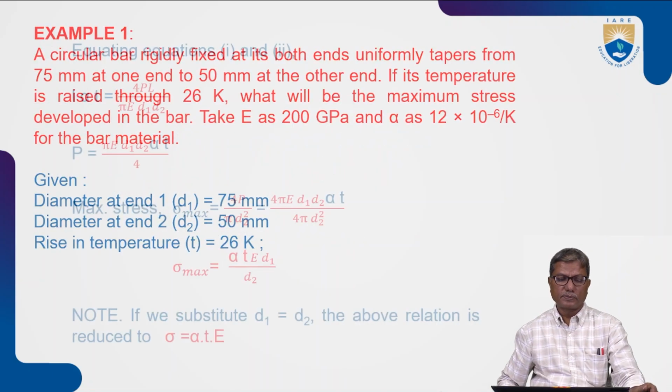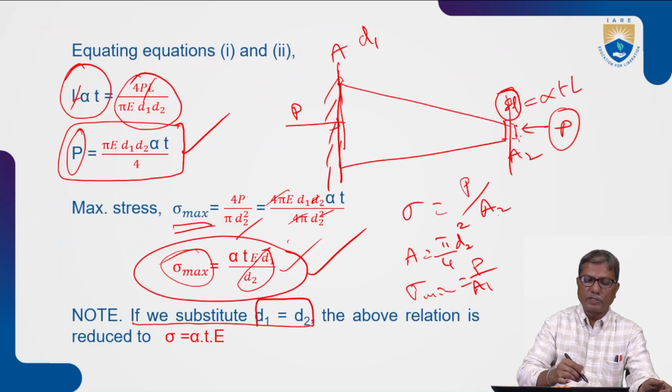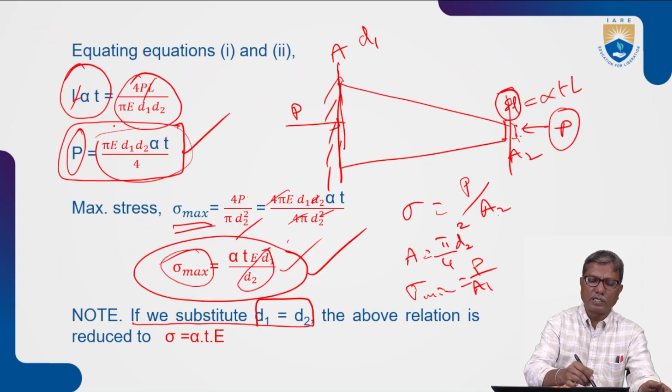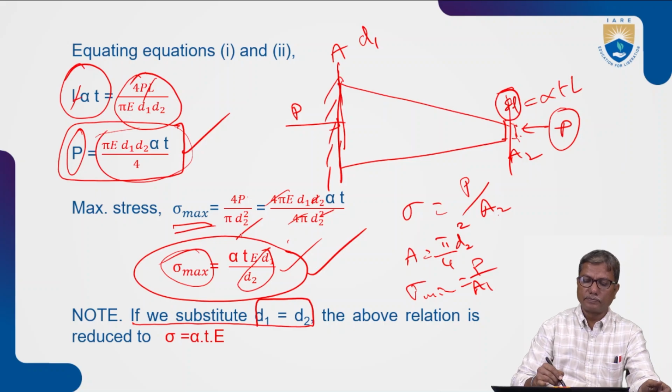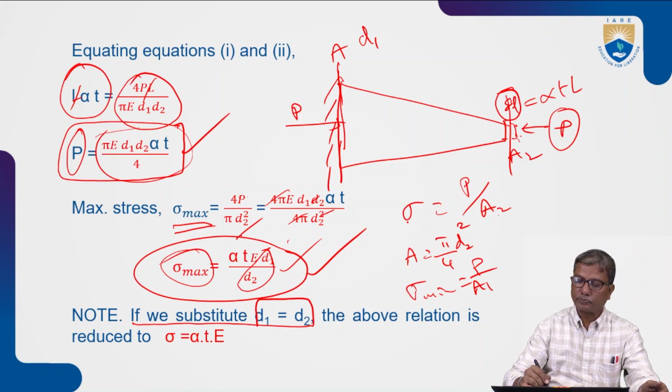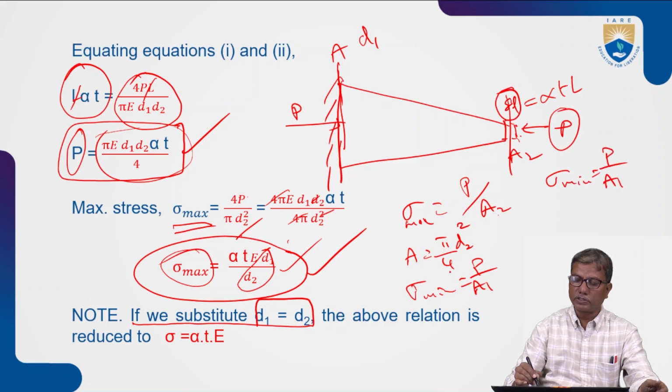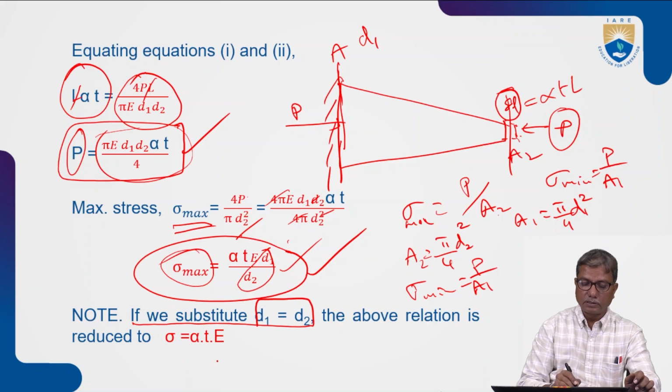Minimum stress will be this divided by P by A1. This is the maximum stress, and the minimum stress will be P by A1. That means A1 is, this is A2, isn't it? So A1 is pi by 4 D1 square. So what will be the minimum stress now?